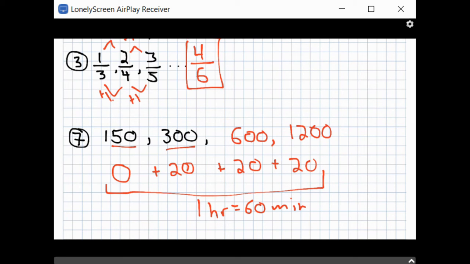And then 20 minutes after that, which brought it to a total hour, there were 1,200. So we can see it's doubling: 150 to 300 to 600 to 1,200. We could even extend it and say in another 20 minutes, there would be 2,400. So that's the pattern we can uncover here.